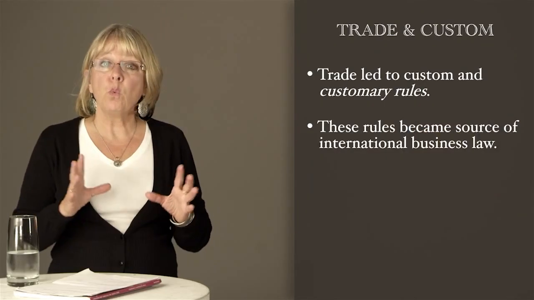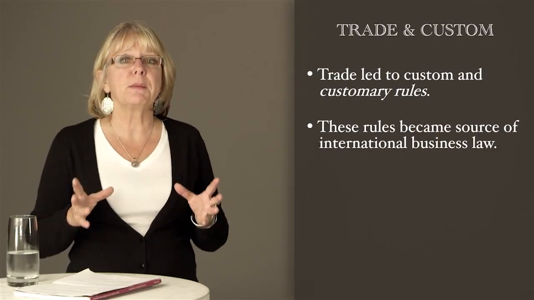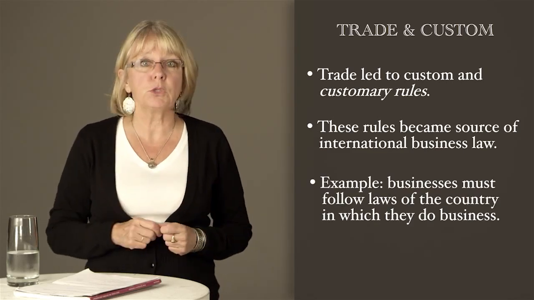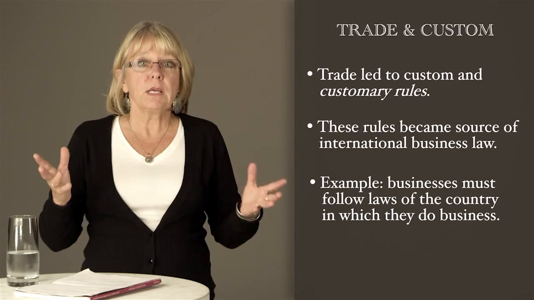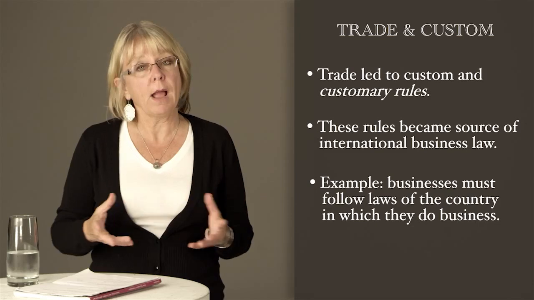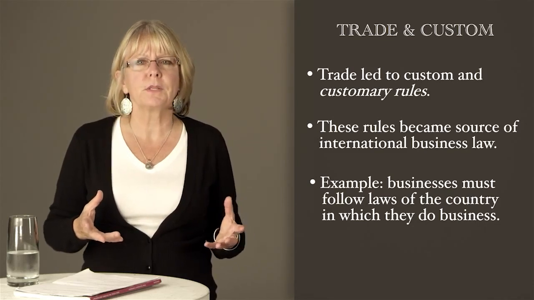These customary rules are the basis of business law as we know it today. Now, one of these customary rules is that a business must follow the laws of the country in which it's doing business, because, as we've seen, countries have sovereignty over what happens in their territory. So we're starting to see the building blocks of international law and international business transactions.